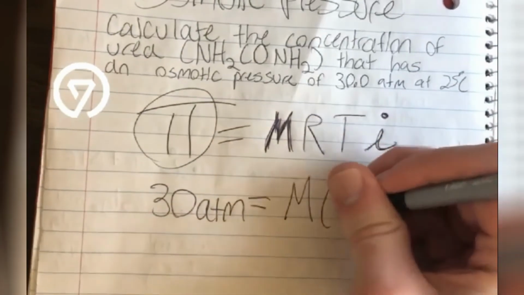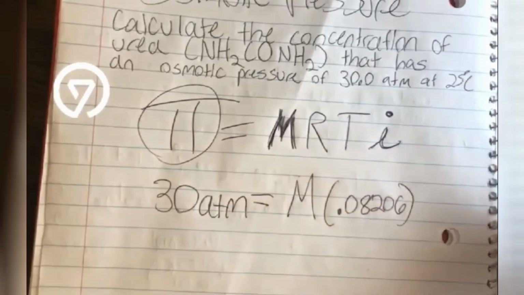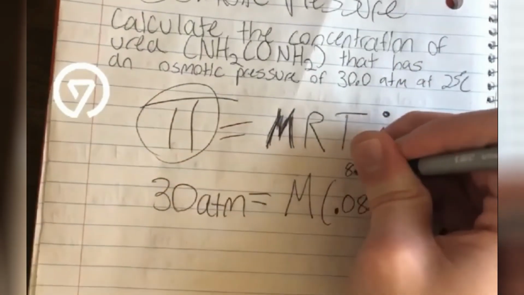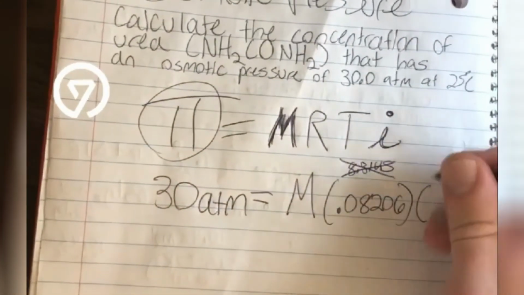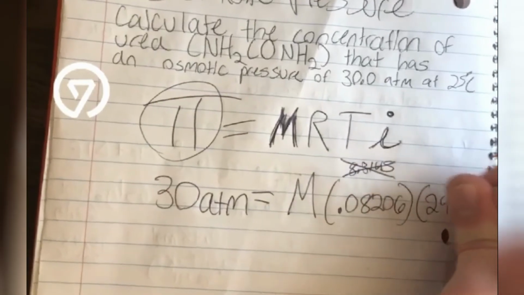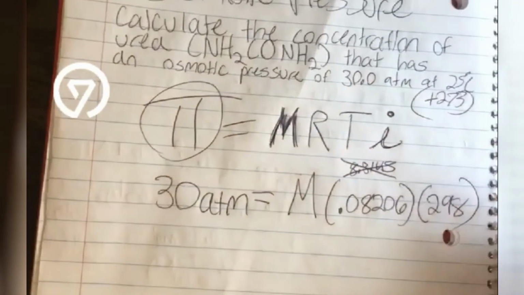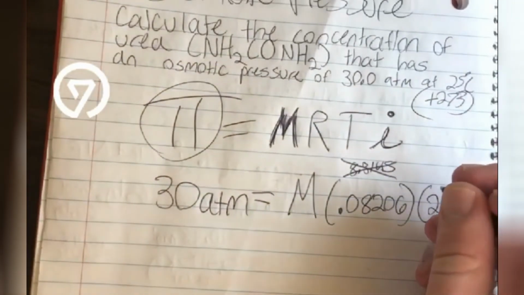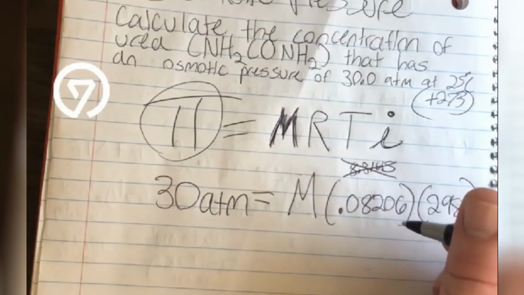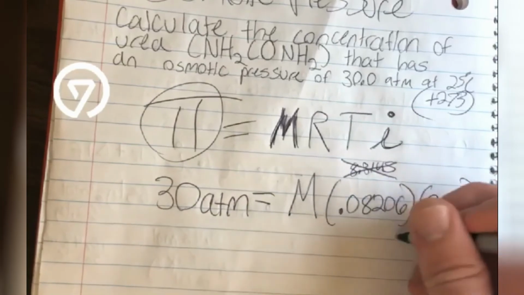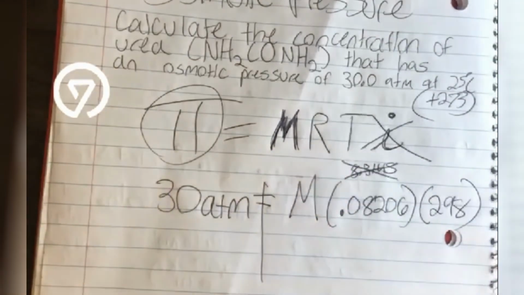We're looking for the molarity. R is going to be the smaller R value, not that one, which you can find in unit cells and stuff. And then the temperature is going to be 298 because it's 25 plus 273. And then urea, technically it's a weak acid, but really the Van Hoff factor is negligible. So now we have this.